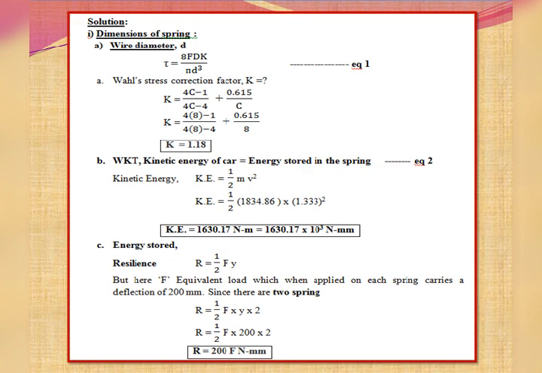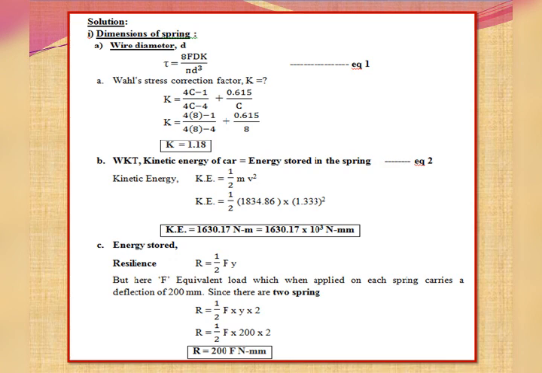Here F is the equivalent load which, when applied on each spring, causes a deflection of 200 mm. Since the deflection given is 200 mm compression and there are two springs, we need to multiply by 2 on the right hand side of the resilience equation. So R is equal to half into F into Y into 2. The 2s cancel, and the remaining value F into 200 remains. So capital R is equal to 200 into F Newton millimeter. Don't write it in terms of meter, because the deflection we substituted is in millimeter.